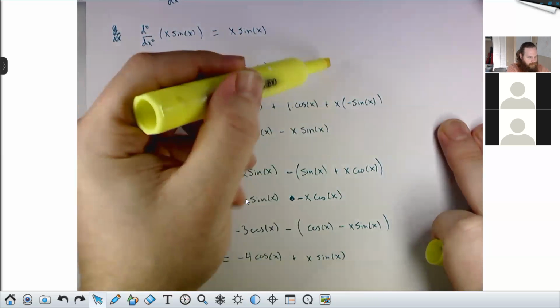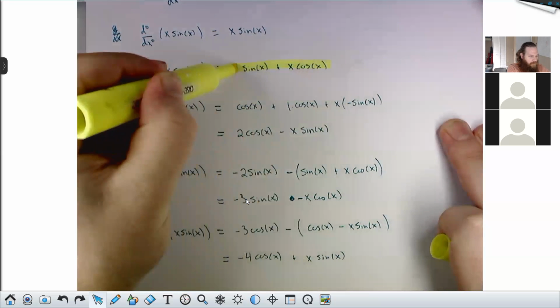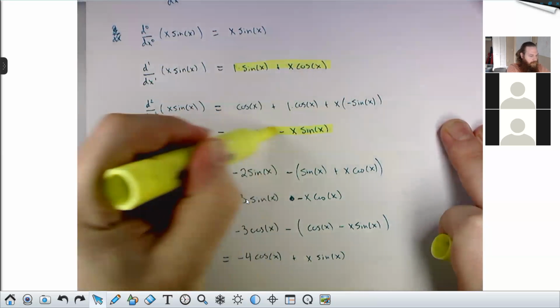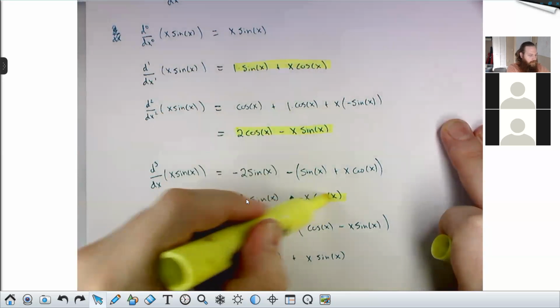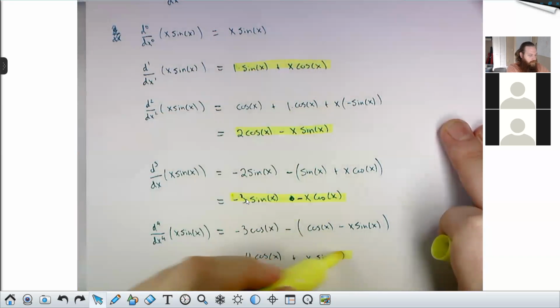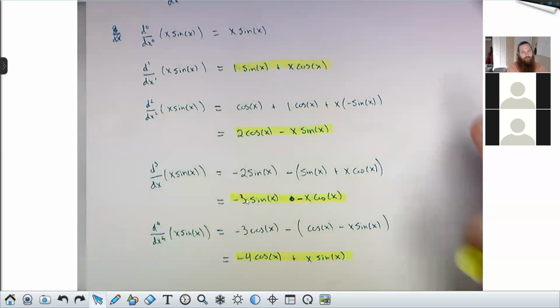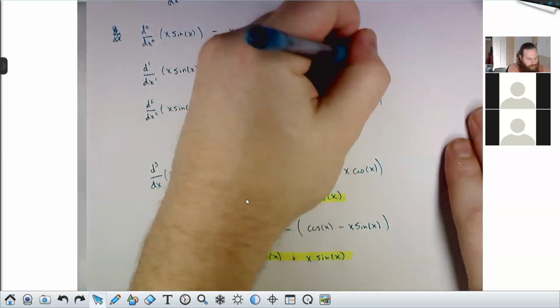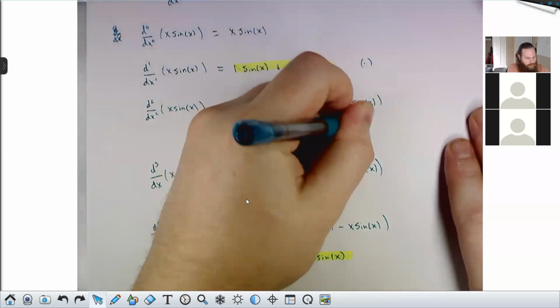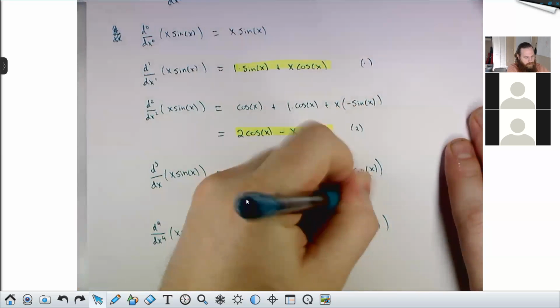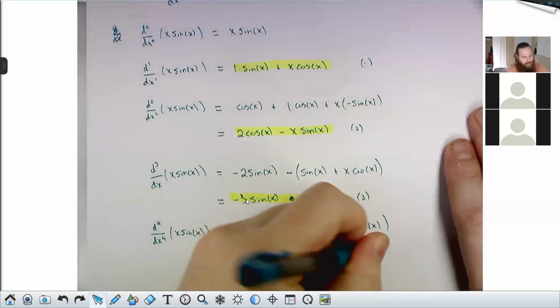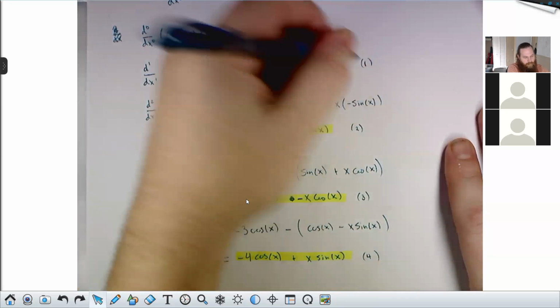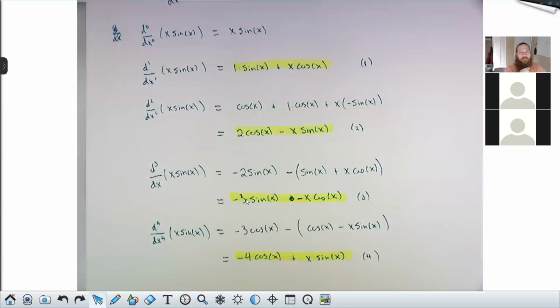So we've got our first 4 derivatives here. The first derivative here, second derivative here, third derivative here, fourth derivative here. 1, 2, 3, and 4. Do we notice any patterns?